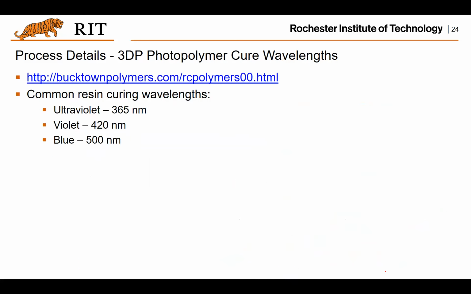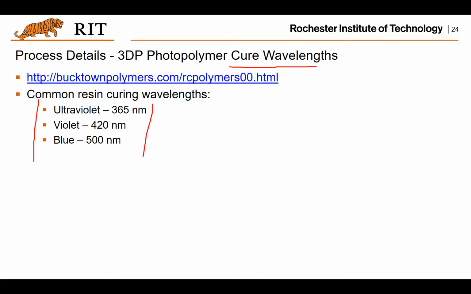So another detail is about the wavelengths of those lasers, right? Different light can be utilized, like ultraviolet, violet, or blue ray. And you can see there are different wavelengths.